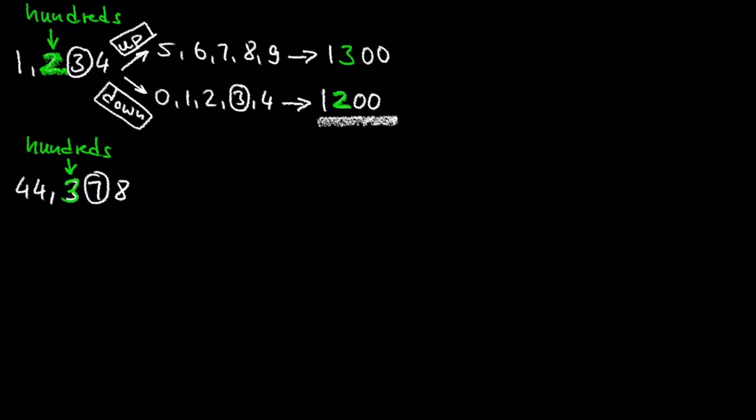The neighbor to the right of the digit 3 is the digit 7, which is greater than 4, so we have to round up. So the 3 becomes a 4 and the 7 and 8 become zeros. And we get 44,400.